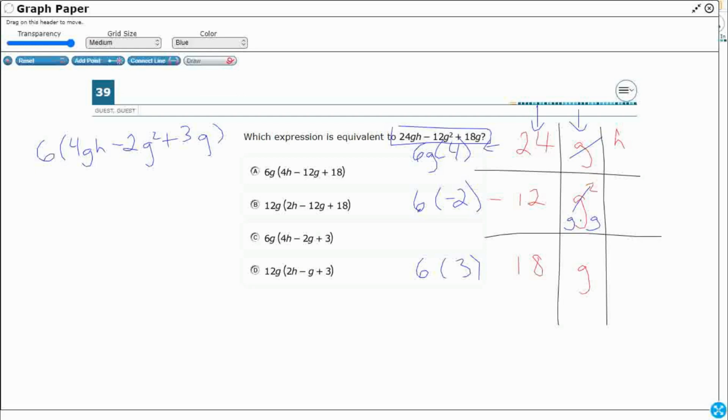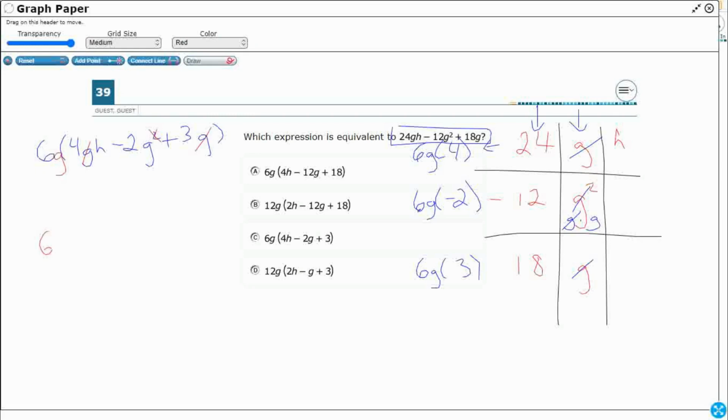If I pulled a g out of the second term, it would still leave one g, so it would be a minus 2g. Then if I pull that g out of that third term, there'd be nothing left. It would just be that 3. So let me pull the g. I'm going to cross off that squared right there, out of all of these, and put it right there.